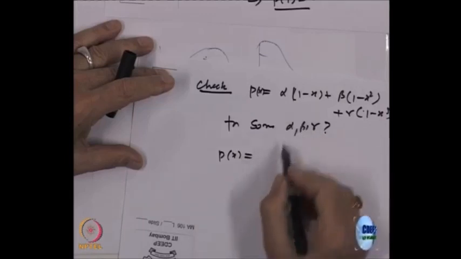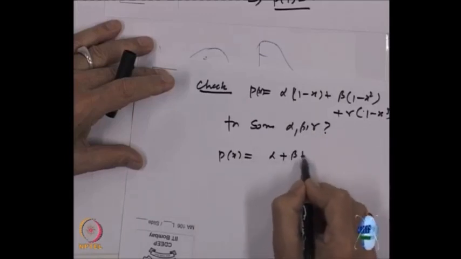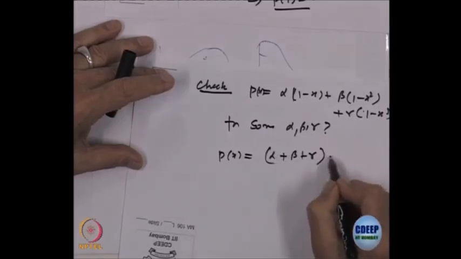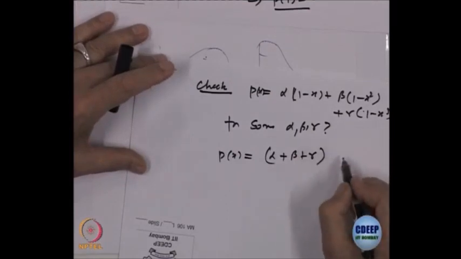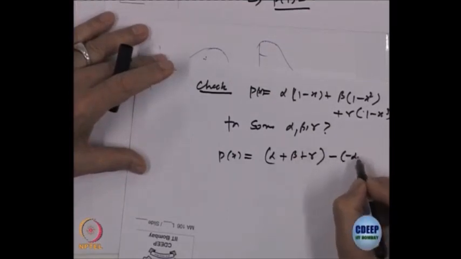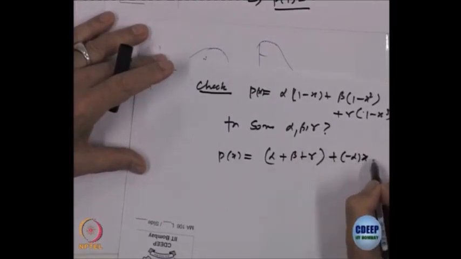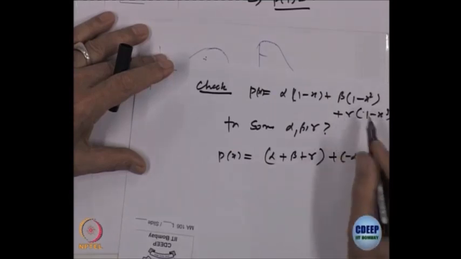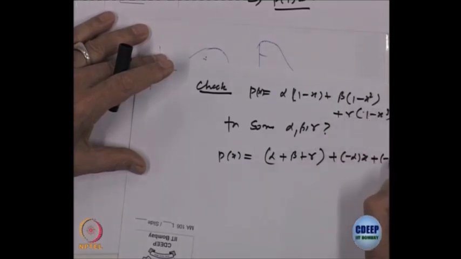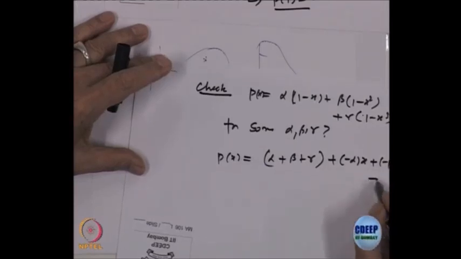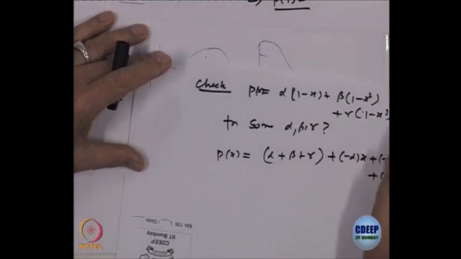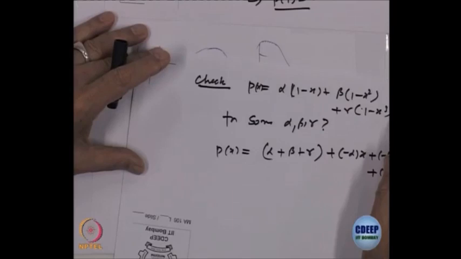P(x) is equal to alpha plus beta plus gamma. I am rewriting that thing again, minus alpha x, plus minus beta x square, plus minus gamma x cube, that is P(x), right. Is it okay?